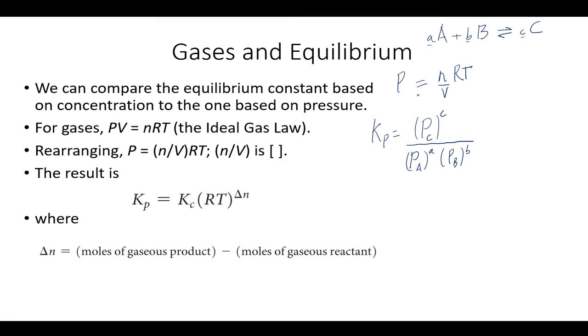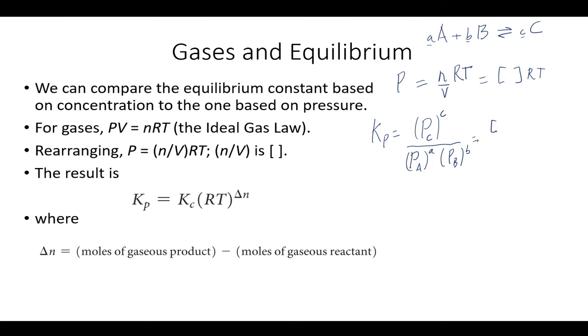Now, I can replace each of these pressures, whether it's A, B, or C, with moles over the volume, along with R and T. So this Kp actually becomes, this pressure becomes a concentration times RT.